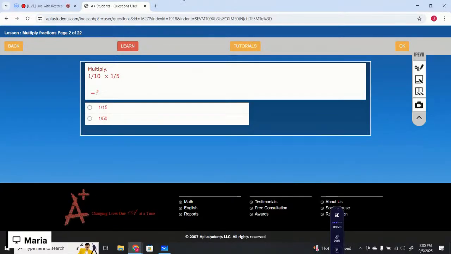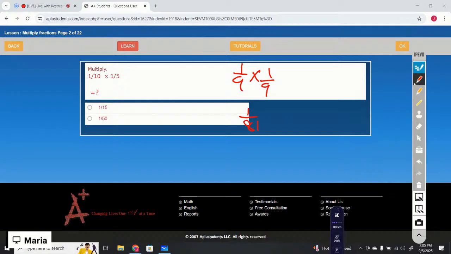One times one is one, and 10 times 5 is 50. So that is 1 over 50.